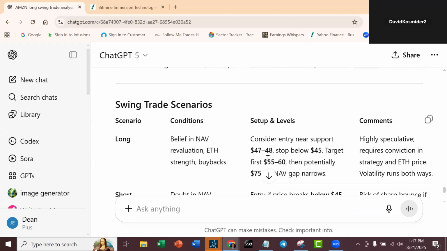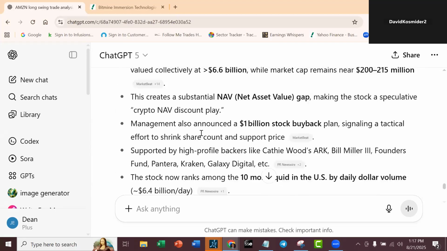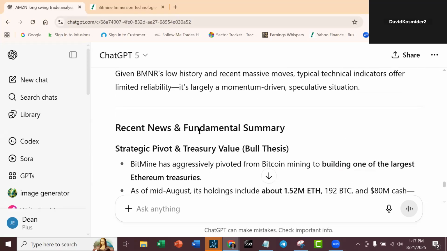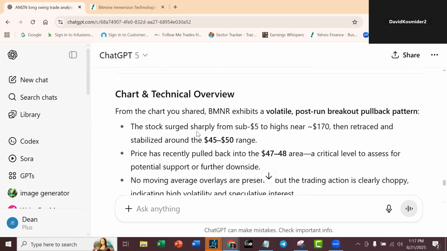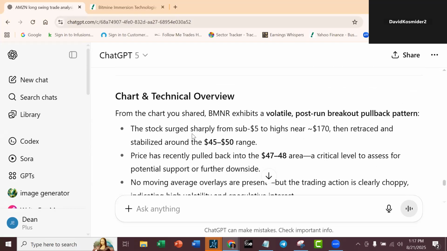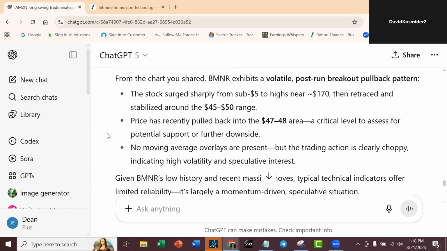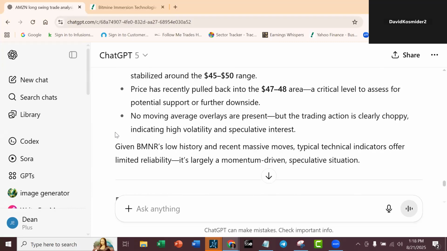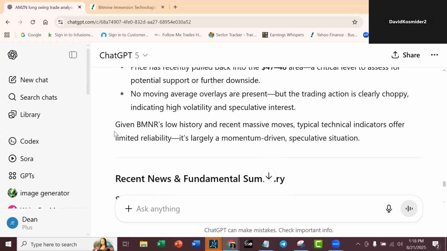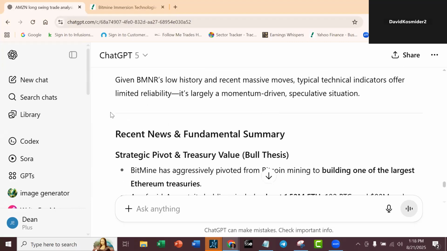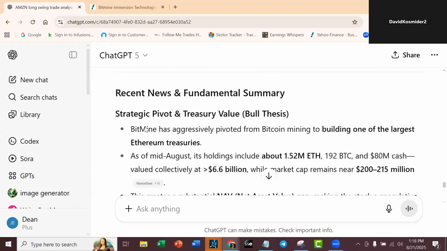All right. And Kathy said Tom Lee doing an ETH treasury. Okay. So, volatile post-run breakout pullback. Pull back here. Yeah, we saw that. Clearly choppy, but high volatility, speculative interest.